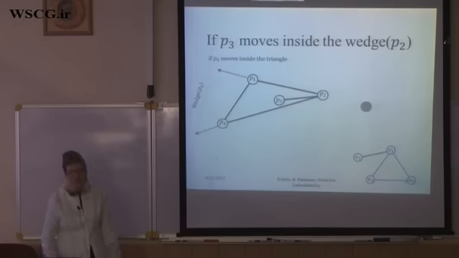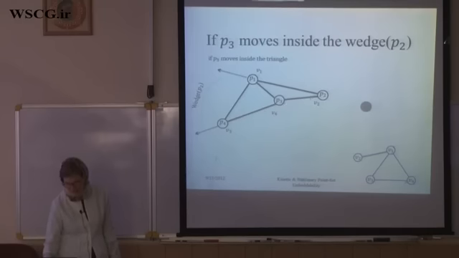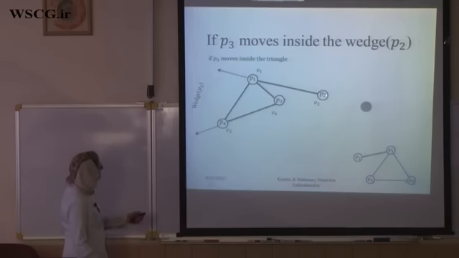And look at this nice animation designed by Nishat. Here, a bad situation, P3 just moved inside the wedge, and so what we need to do is reassign the mapping of which points are hosting which vertices. So we can do something like that. Now we have a new way of drawing this graph on these points, and the host for vertex V2 is now outside the wedge for P1, which I need to maintain.